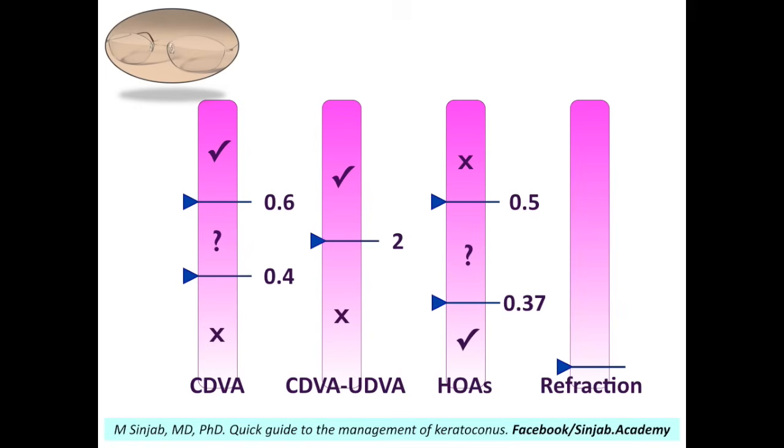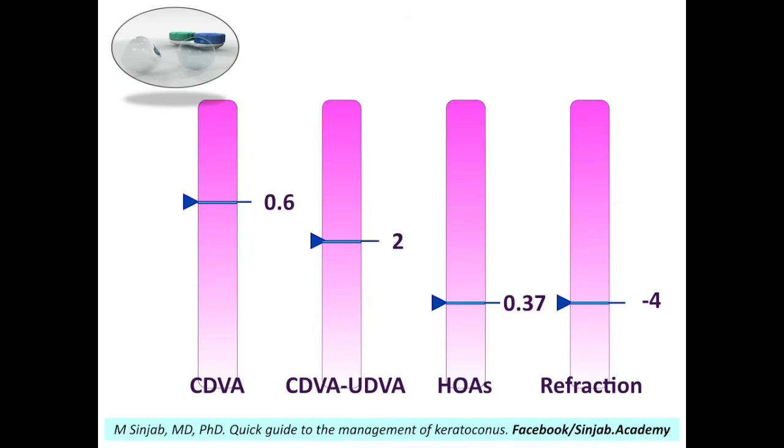But between 0.37 and 0.5, it is questionable, while when the patient has high order aberrations, using glasses may increase the symptoms related to them. Regarding refraction, when the refraction is low, using glasses is reasonable. When the refraction is moderate, it is questionable. But when the refraction is high, using glasses is not reasonable.